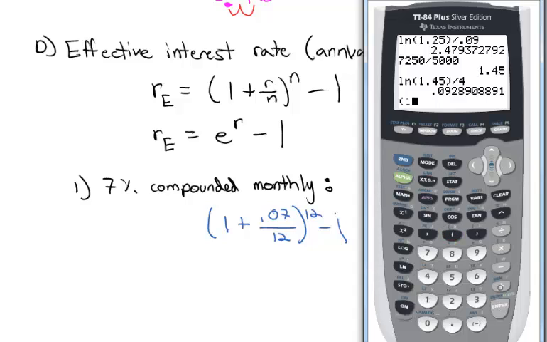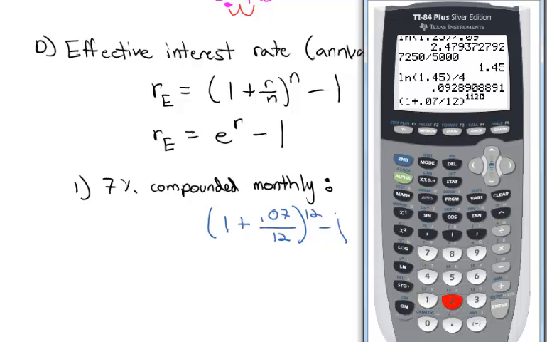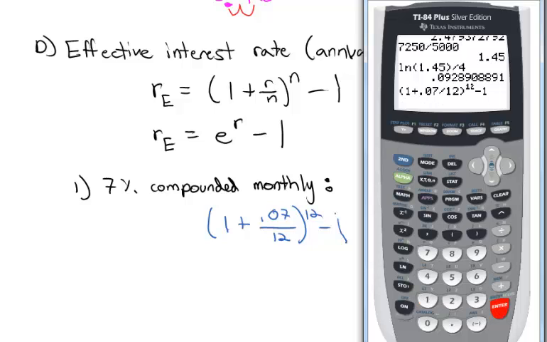So in parentheses, 1 plus 0.07 divided by 12, raised to the 12th power. Be careful here. Make sure you are out of the exponent before you subtract 1. 83s will do it automatically. 84s you need to actually get out of the exponent.